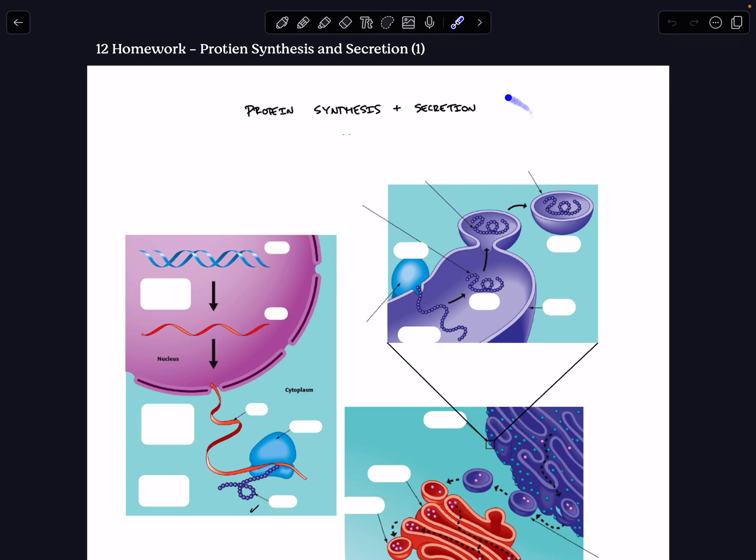Understanding how this process works is the key to manipulating living systems and to hacking evolution, which is a pretty amazing power.